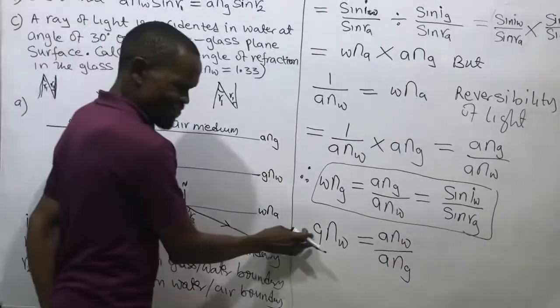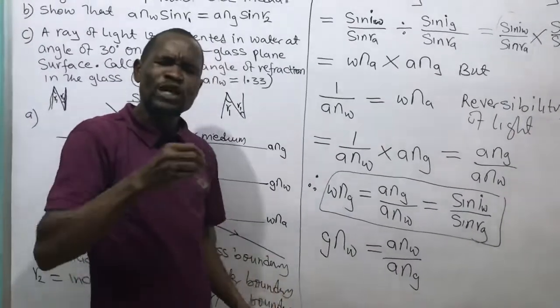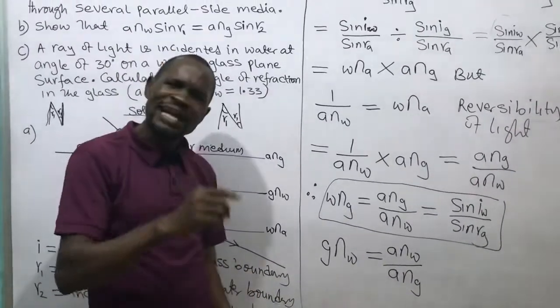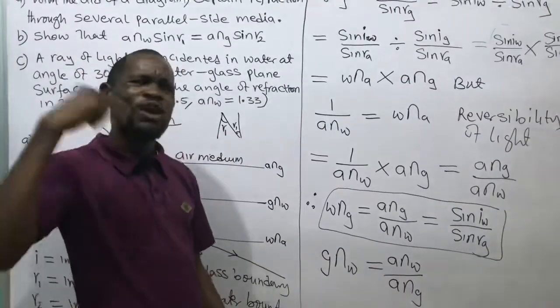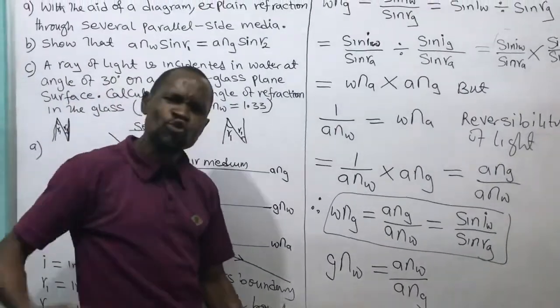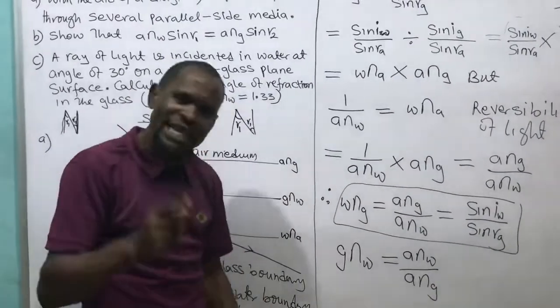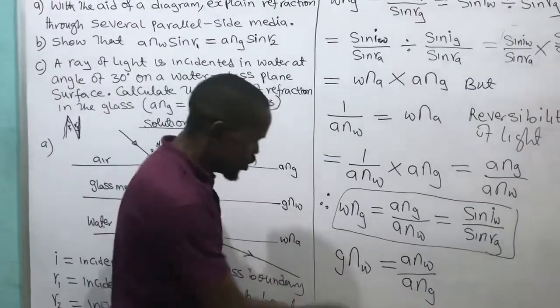If this is given to me, for me to get it in what I know, because I told you what we know in optics and waves is the refractive index of glass and refractive index of water. So any other refractive index we are looking for, we have to resolve, which we are doing now, to be able to suit in refractive index of glass and refractive index of water.